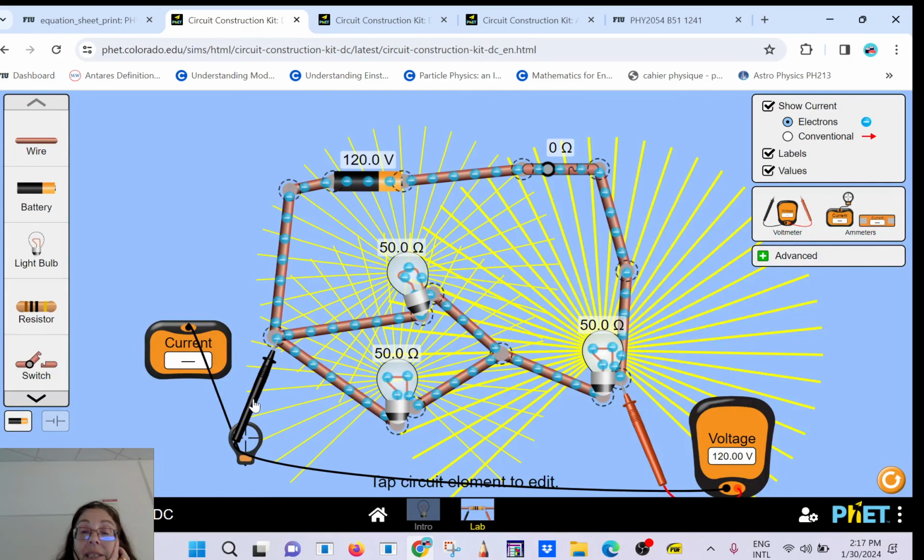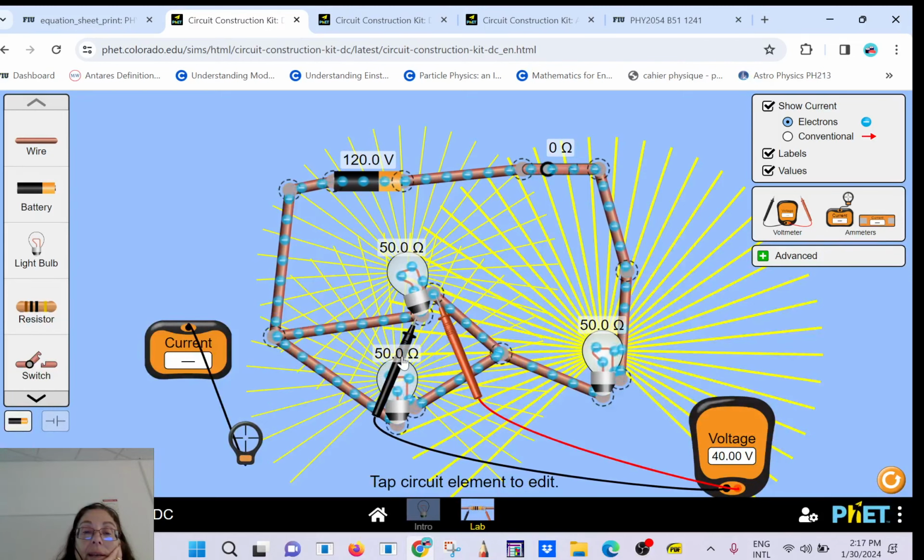The voltage here should be 40. So the connecting wire, of course, inside you have a sneaky resistance too, but we neglect it, okay? So it should be about 40 here too.